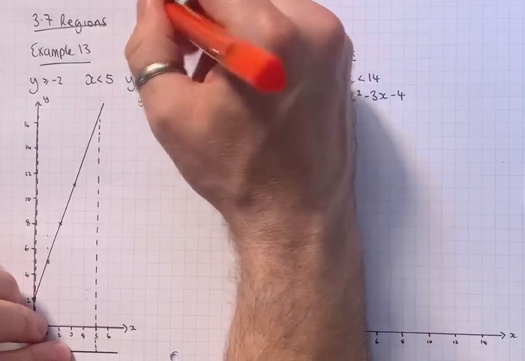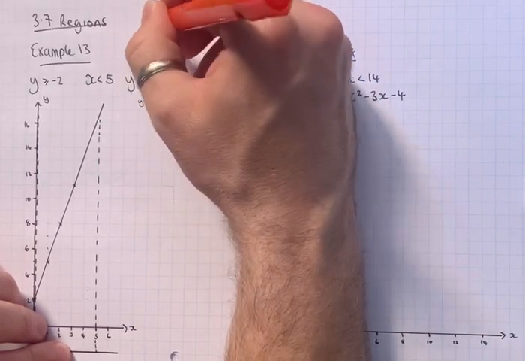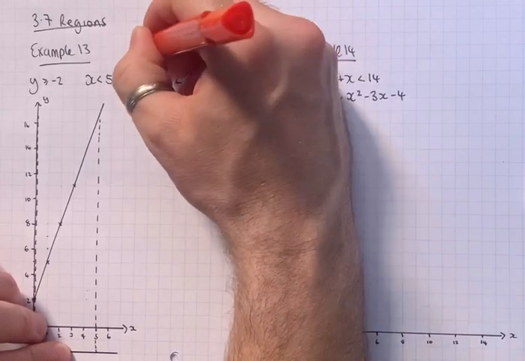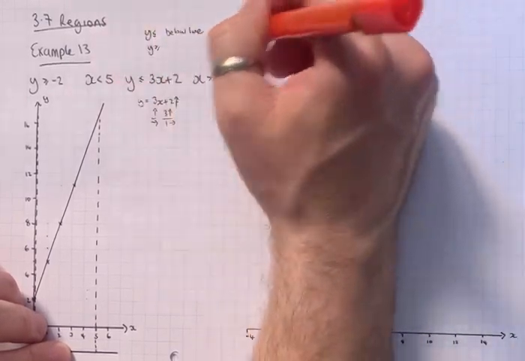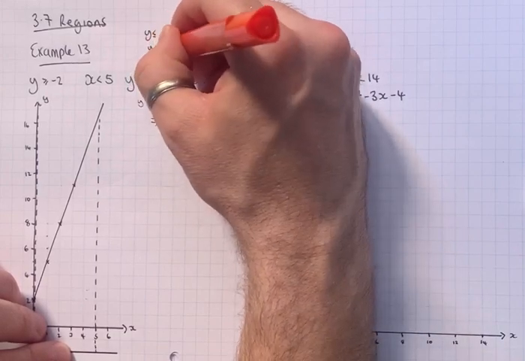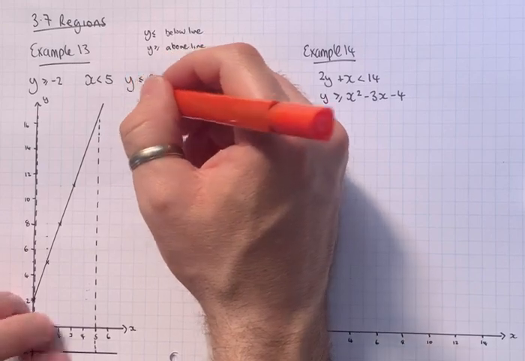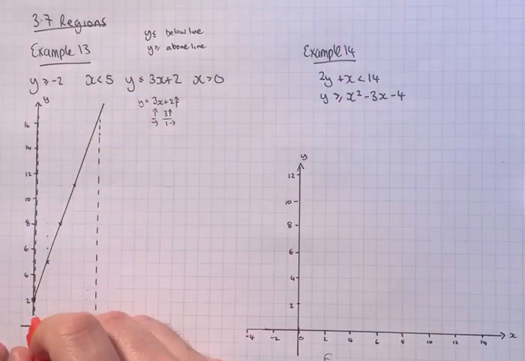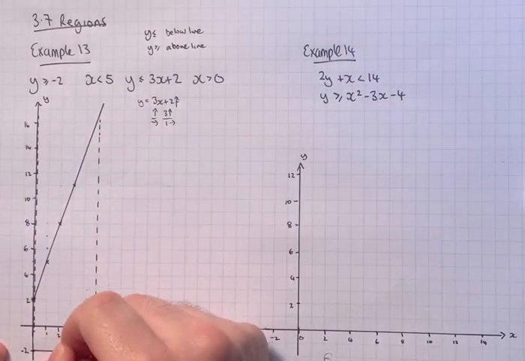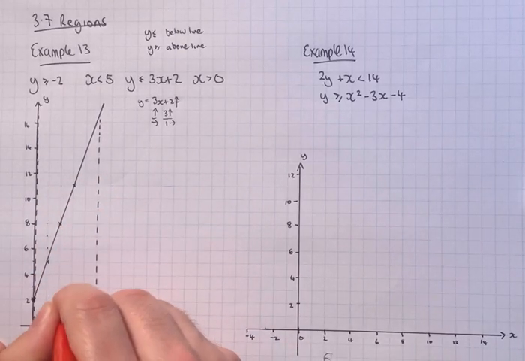So y is less than means you're below the line. If y is greater than, doesn't matter about the numbers, doesn't matter about x, just look at the y in the inequality, that means you can be above the line. Because it's y is less than, we're below the line. So I'm to the right of this, left of this, above this, below this, so that gives me this region here.